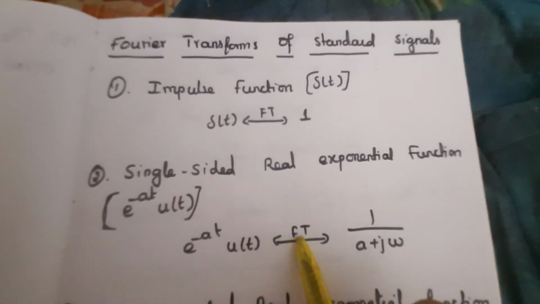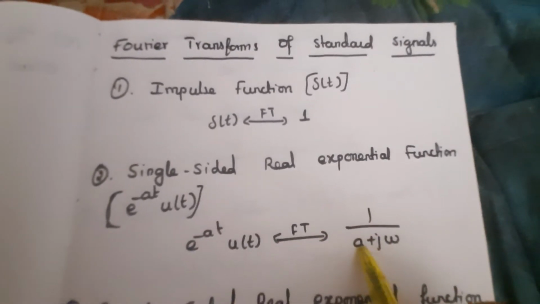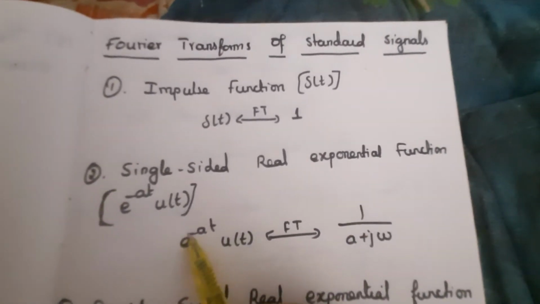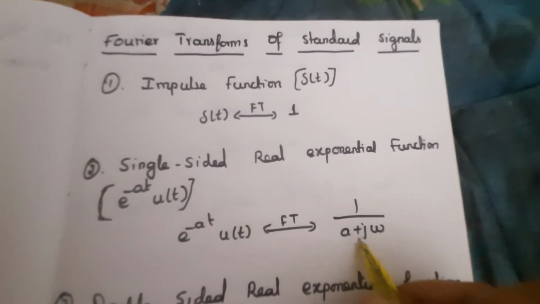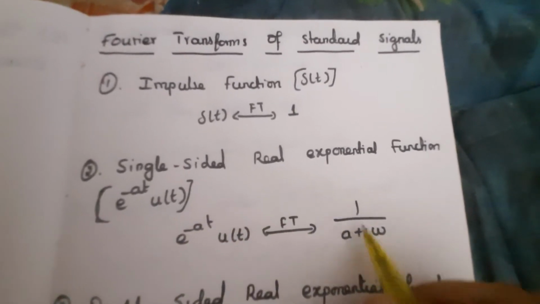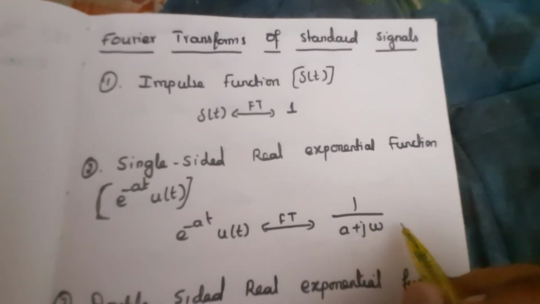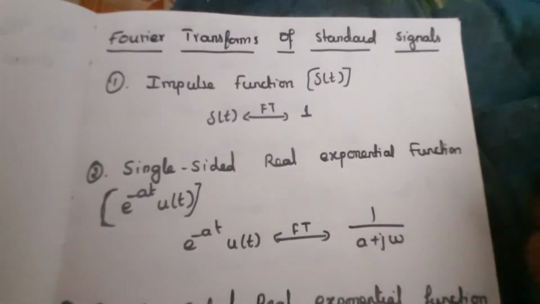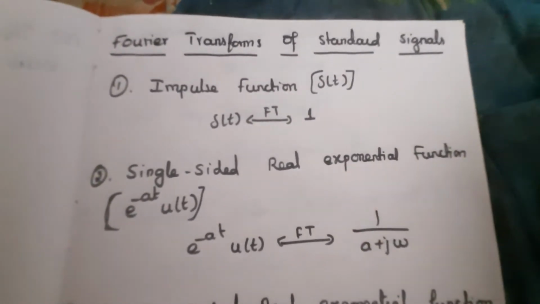The Fourier transform here is 1 divided by a plus j omega. Here, minus means this is plus. Similarly, for e power plus at, we will get 1 by a minus j omega. So you can memorize any one of the transform pairs.